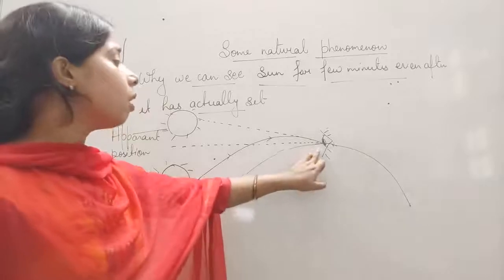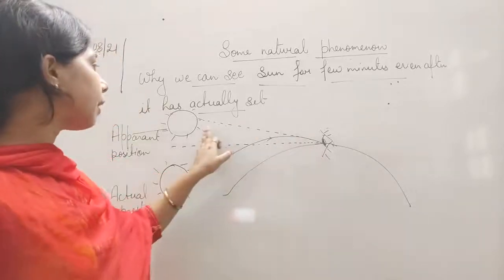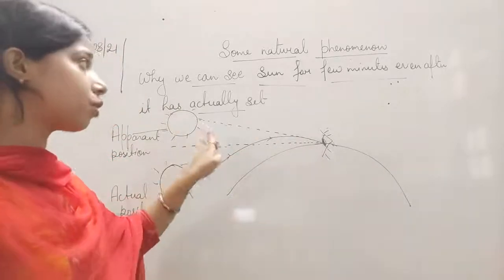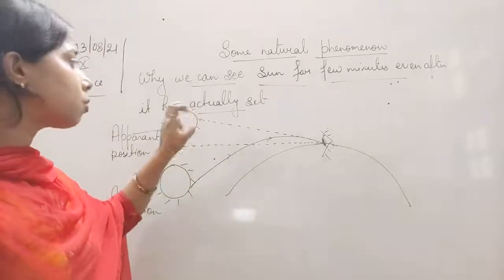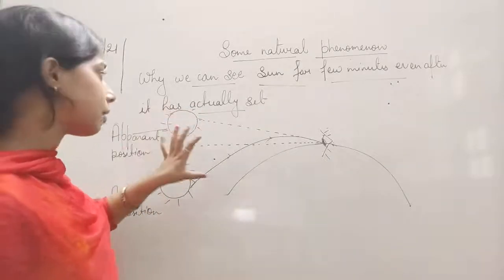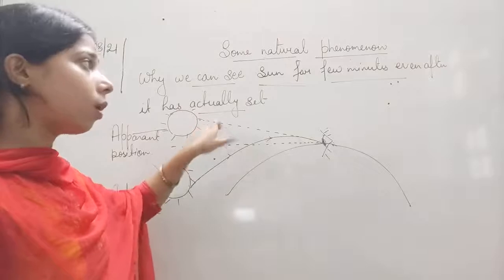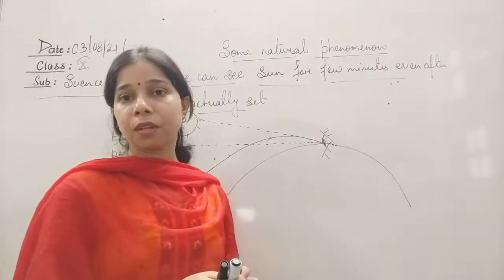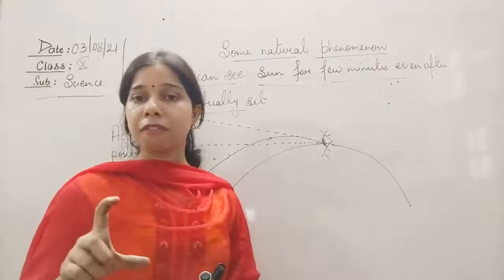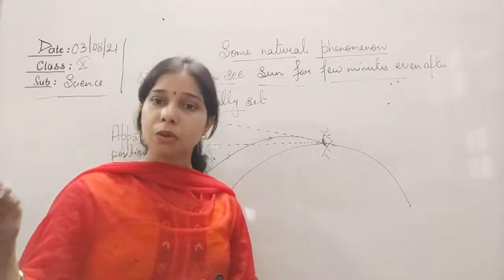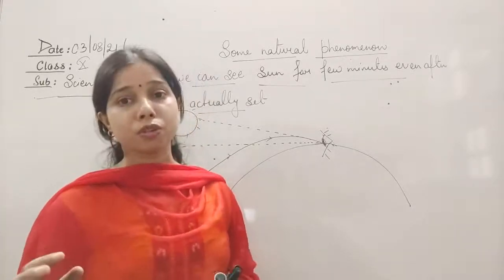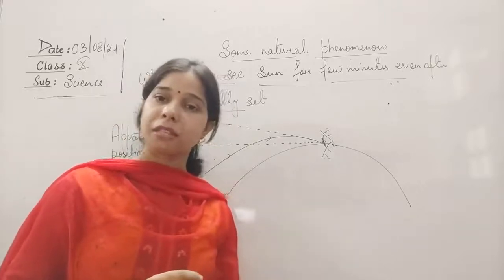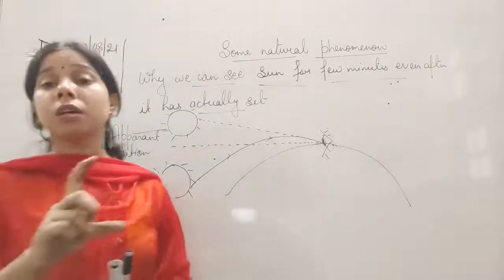So when you stretch it back, you will find that actually the sun has set, but it appears above the horizon even after it has actually set. So this is the difference you will find between the apparent position of the sunrise and the apparent position of the sunset. It is 4 minutes.